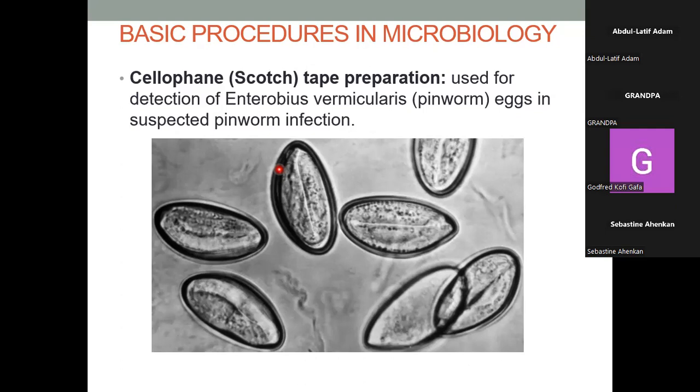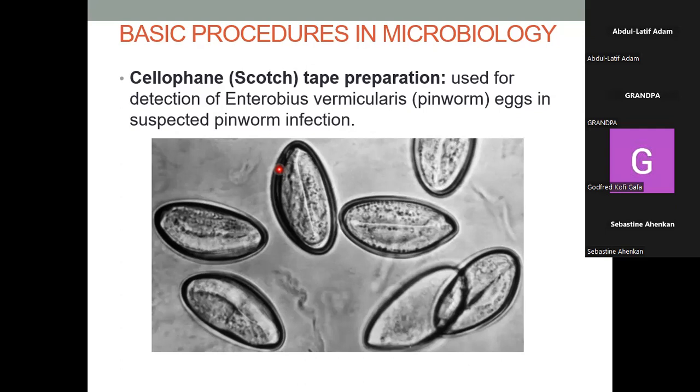Normally, the children that get infested with pinworm, or enterobiasis, you ask to come to the lab first thing in the morning, before the child defecates, because if they go to defecate, normally they rub their anus or something, and then you can disrupt a lot of the eggs. So while the child has not defecated, you just ask the child to bend down.